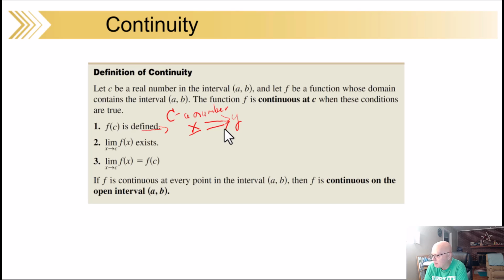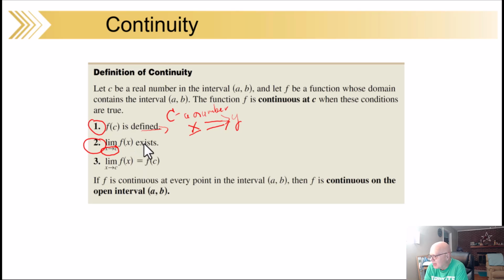That's what defined means. That's number one. Number two says when you get to C, when x approaches C, the closer it gets, the closer it comes to a particular value, whether you're coming from the right or from the left. There is a limit from both sides.